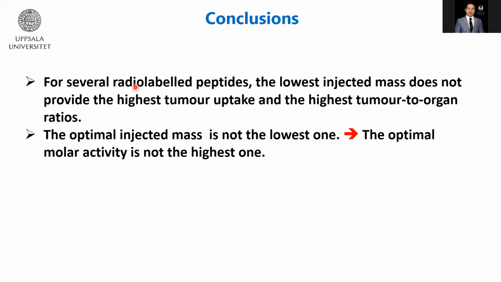So, the conclusion from those studies is that for several radiolabeled peptides, the lowest injected mass does not provide the highest tumor uptake and the highest tumor to organ ratio.